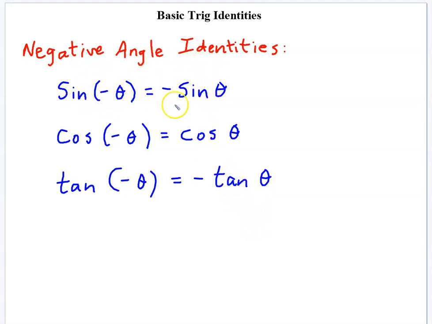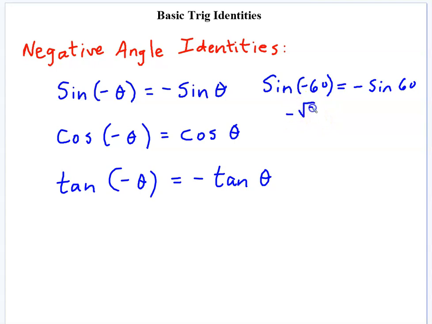And so this is just saying that sine, for example, of negative 60 is the same thing as the opposite of whatever sine positive 60 is. Okay, so if you were to look at the unit circle, let's go to the negative direction, negative 60 degrees.